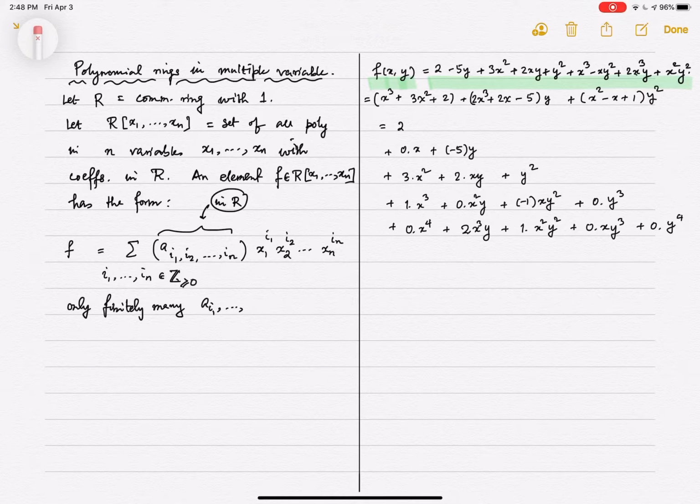It's convenient to write it this way, where we let the indices vary over all non-negative integers, but of course it's a finite expression. It doesn't go on forever. So only finitely many of these are non-zero.